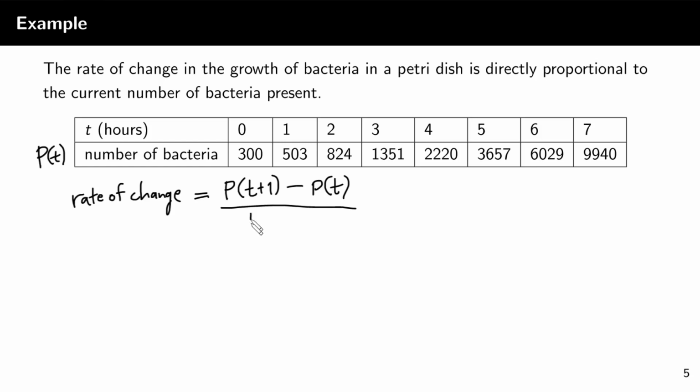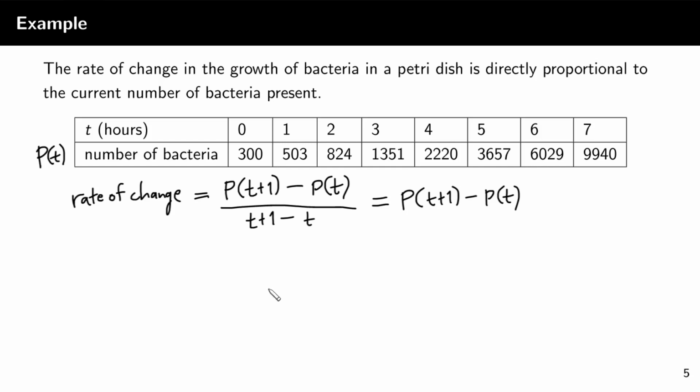So, change in time is just T plus 1 minus T. Okay. Since yung T natin is in hours and ang increments niya ay 1 lang, so we have T plus 1 minus T. So, we actually just have P of T plus 1 minus P of T.